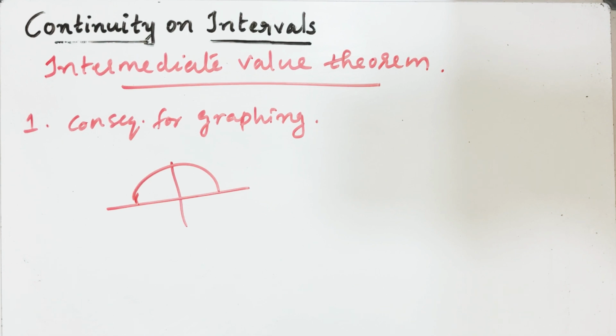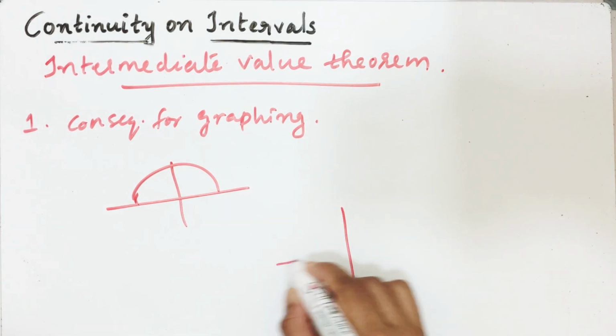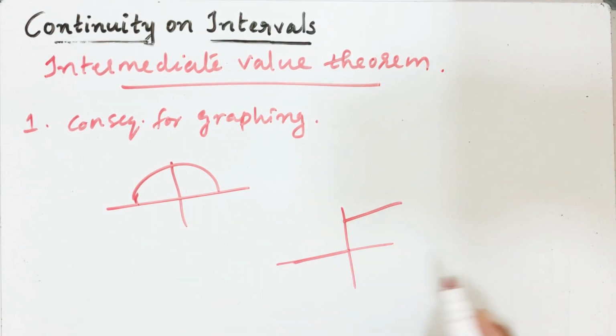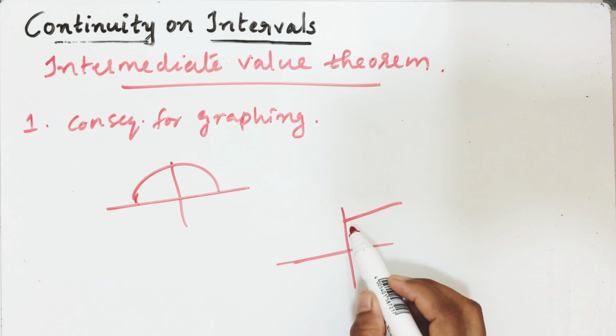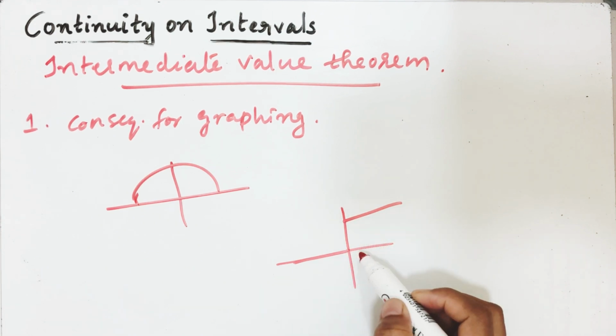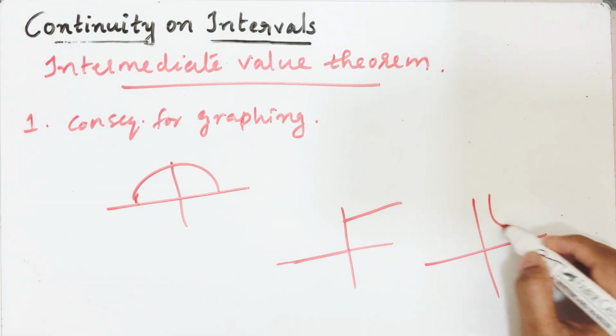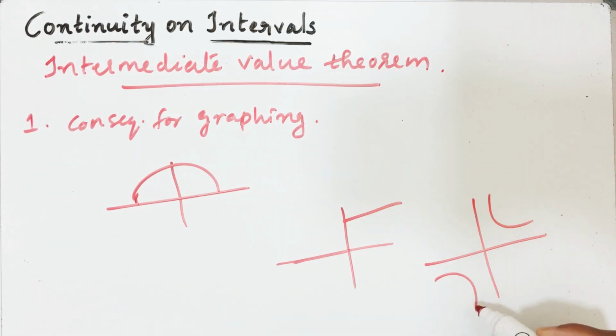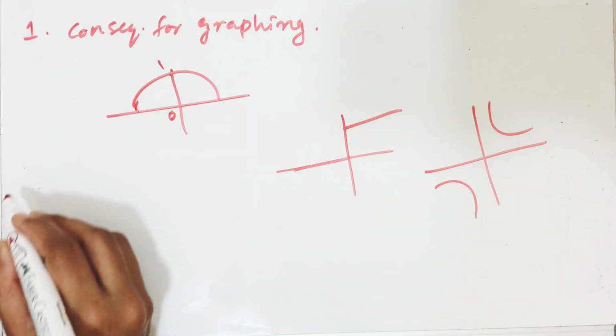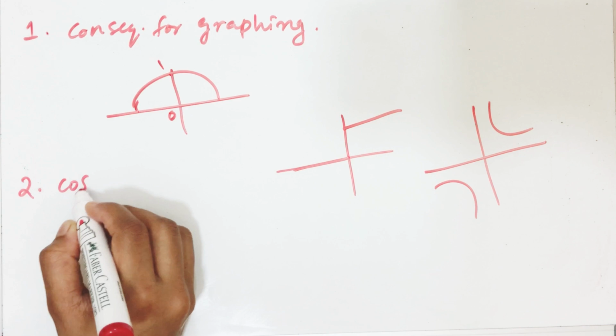Or we can say the graph of a continuous function will be a single unbroken curve. It cannot have any jumps or any branches. We can see the graph of a step function. It has a jump, it is discontinuous. And we see the graph of 1 by x. It has two branches, it is discontinuous. Next is a consequence for root finding.